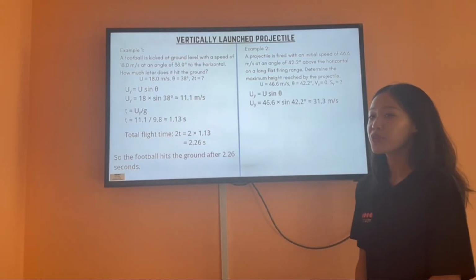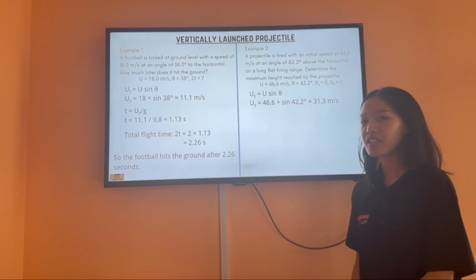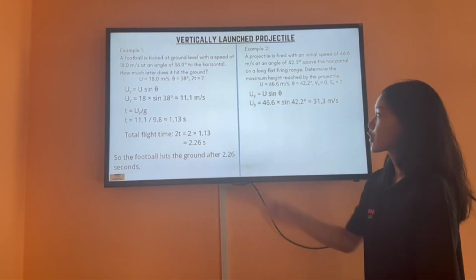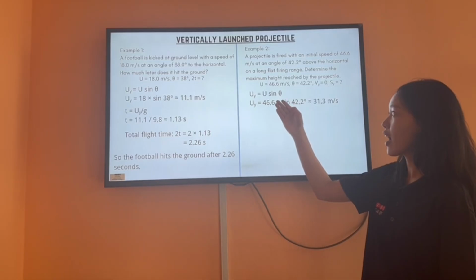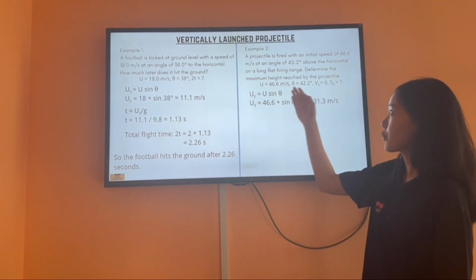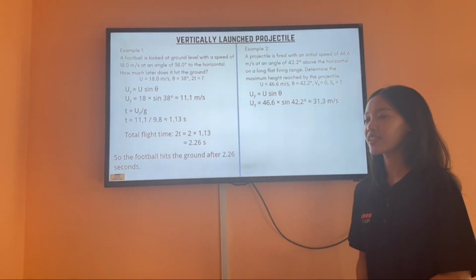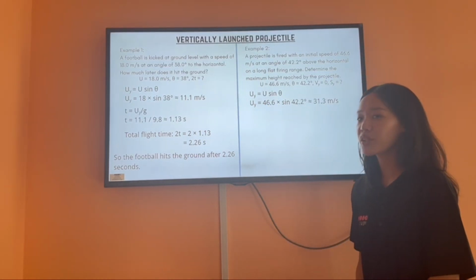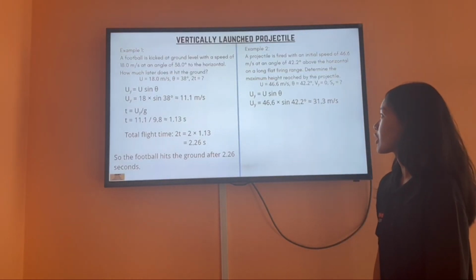First, to find this, we need to break the initial velocity into its vertical component. So the initial vertical velocity equals u sine theta, and we substitute the values that we have listed into this equation. So the initial vertical velocity will be 31.3 meters per second.